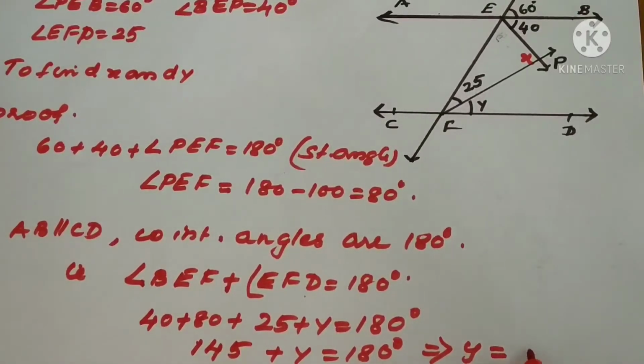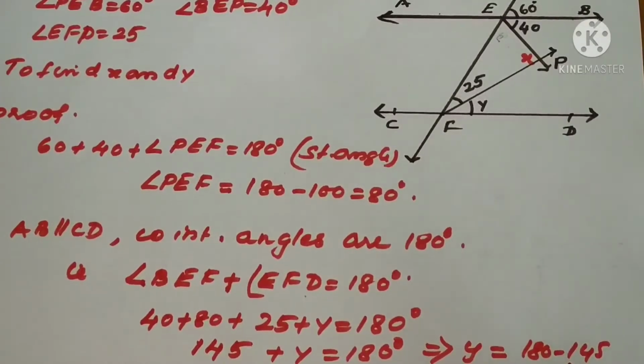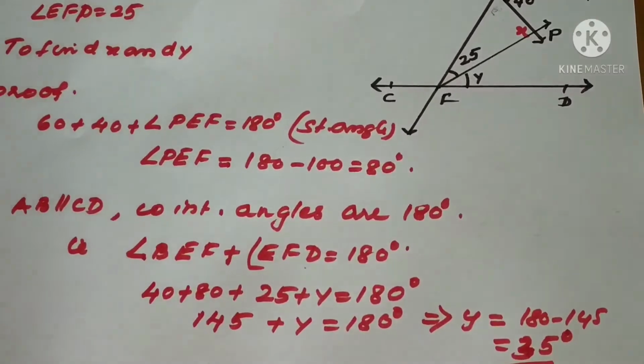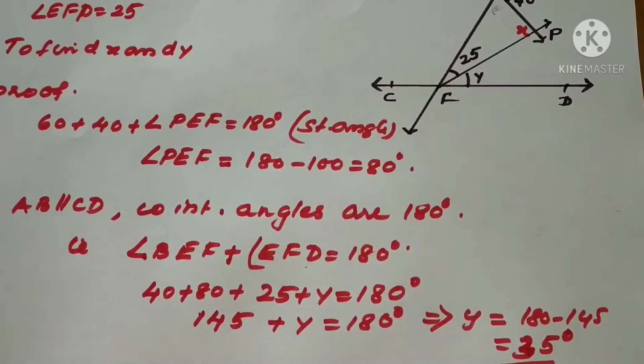Y equals 180 minus 145. Y equals 35 degrees.